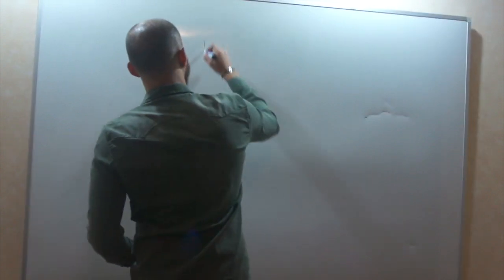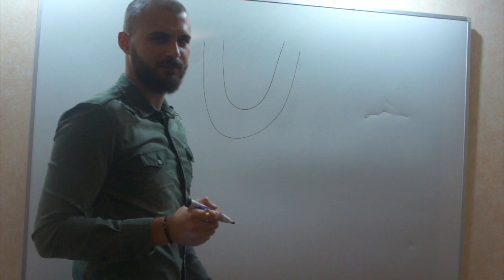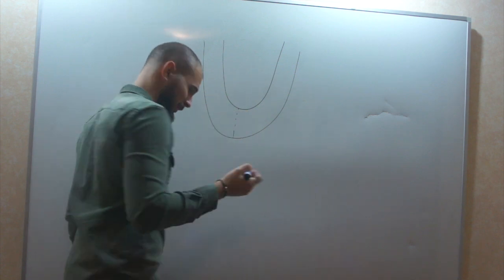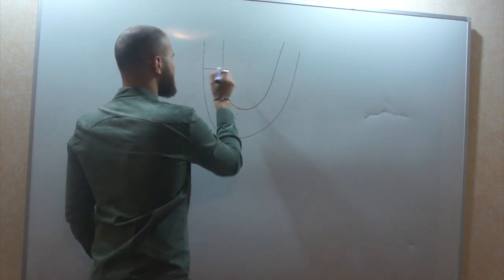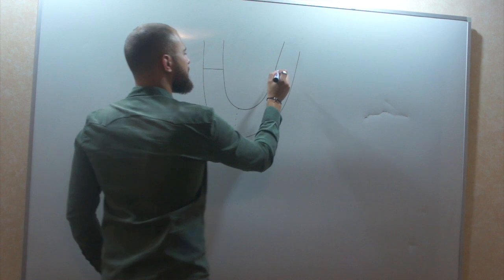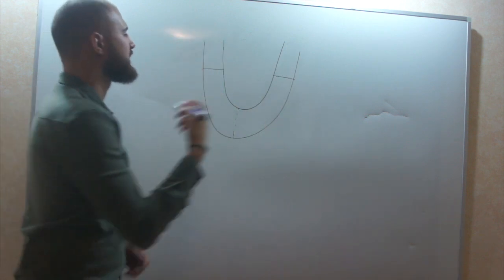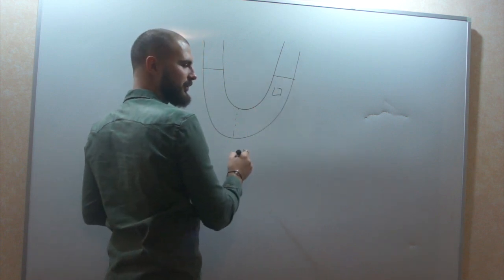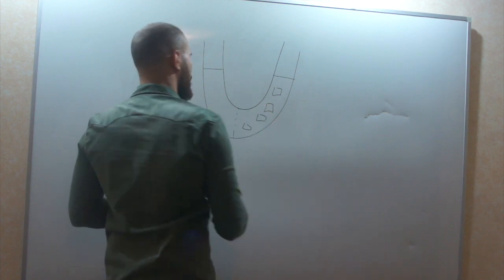If you have a U-tube, I'm sorry for the name joke, with the semi-permeable membrane, you have a level of water here, and let's say the same level of water here. But now you add solutes, and remember this is not permeable to solutes. So you add solutes. What will happen?